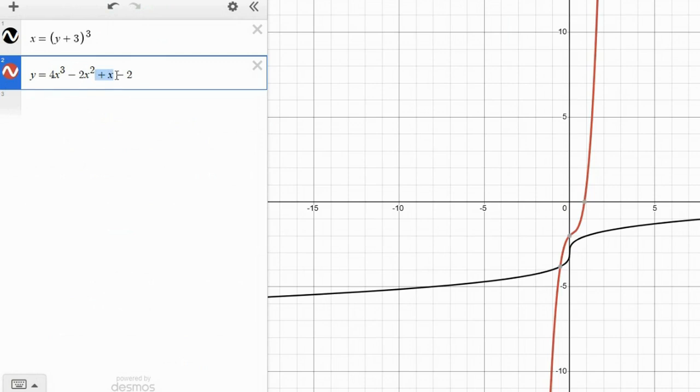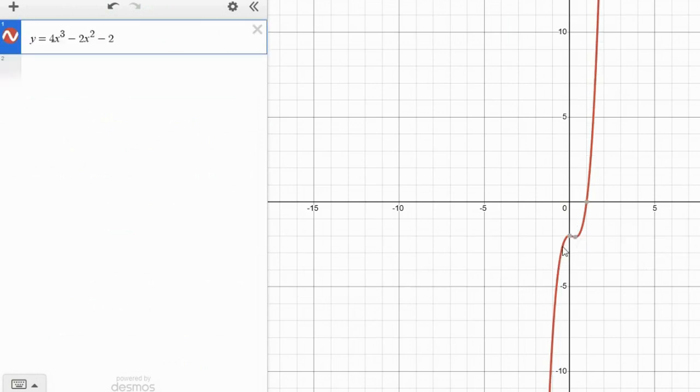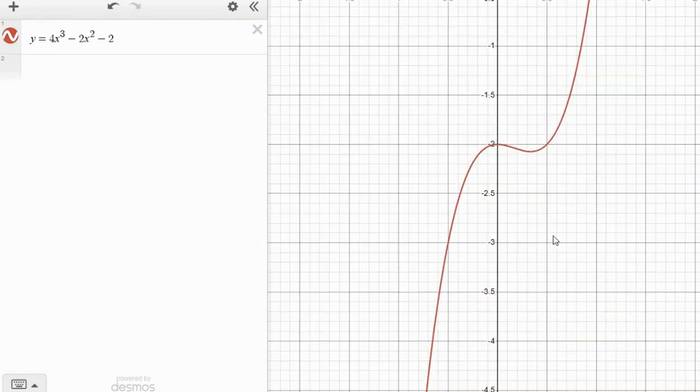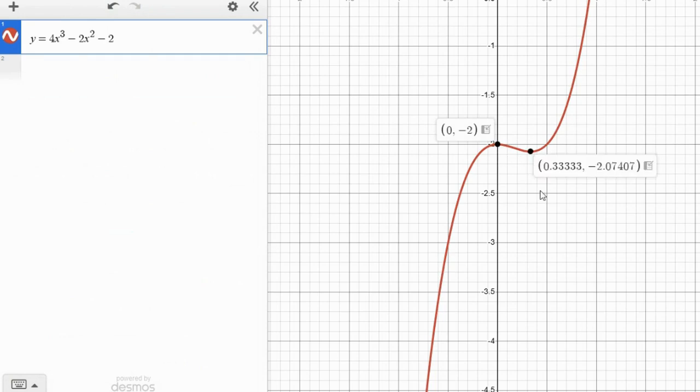Oh, I don't even like that one. Is there a local minimum and a local maximum? Yes, right here, it looks like it's higher than both sides of it. Negative 2. Yep, that's larger than negative 2. That's larger than negative 2. That's a local maximum. That's a local minimum. Desmos marked it for me.